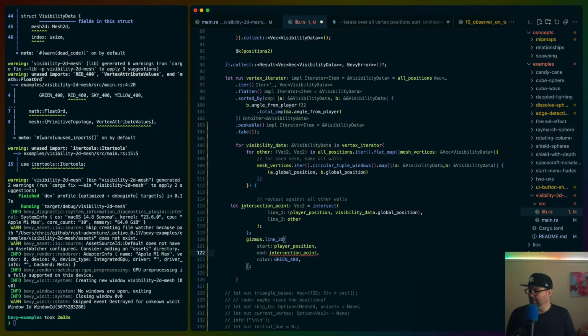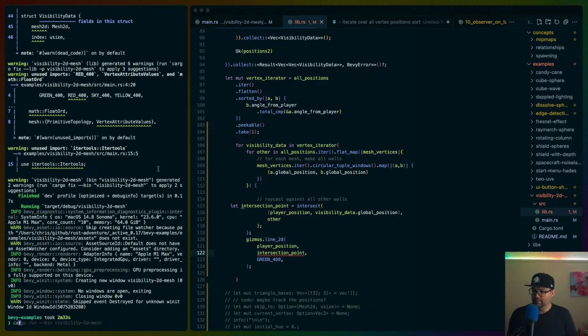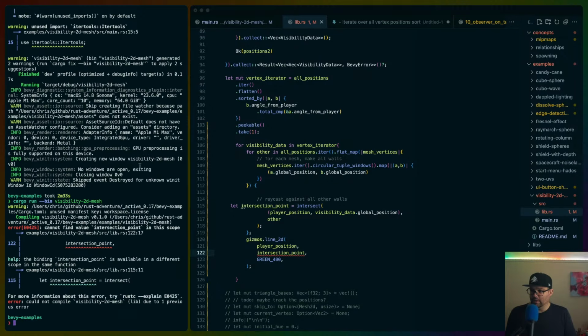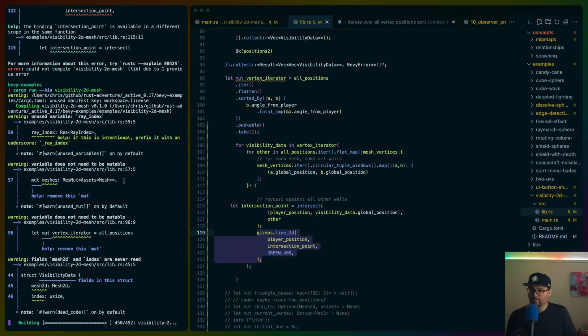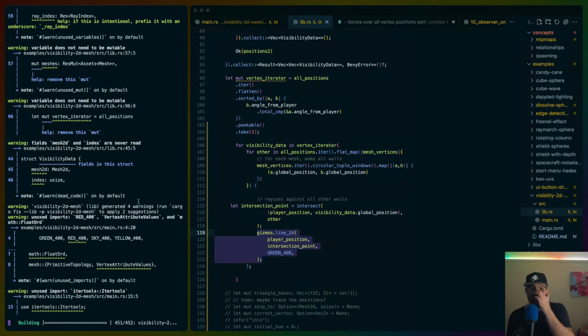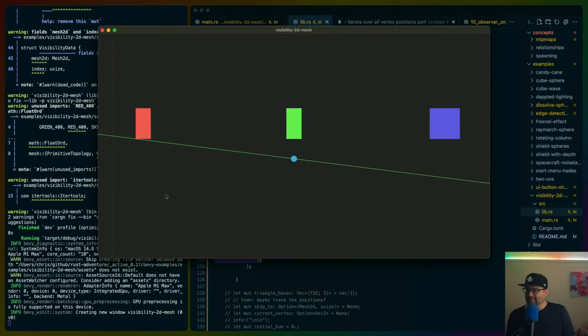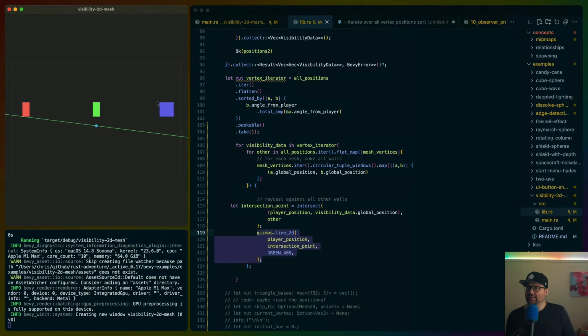Wait, it is a vec2, right? Yeah, it's a vec2. What be going on here? Available in a different binding in the same function. Thank you, compiler. Putting it outside of my loop is definitely an issue.